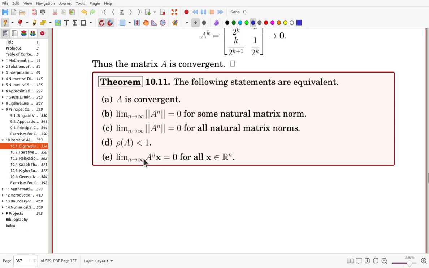The power of A is converging to 0, or after multiplying any vector x, either way, the original definition is that A^n is converging to 0. But now that one means that with the x multiplication it is also going to 0. So either way, they are the same. But this one will be so useful later on.